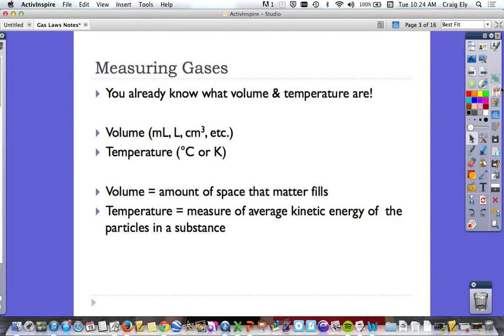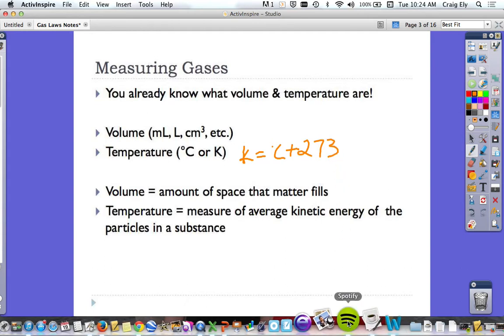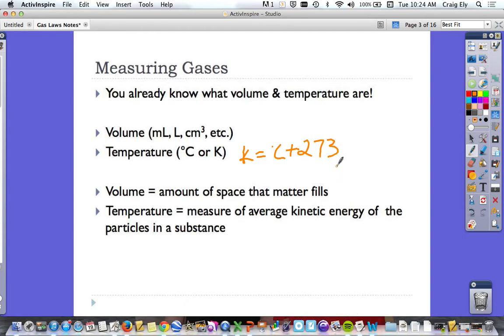For volume, we know our units of measurement, and for temperature, we know our units of measurement, which would be degrees Celsius or Kelvin. We will be using Kelvin instead of degrees Celsius, so I want to refresh your memory on how we convert Celsius to Kelvin. Kelvin is equal to degrees Celsius plus 273. For example, let's say we had a substance that was measured at 20 degrees Celsius.